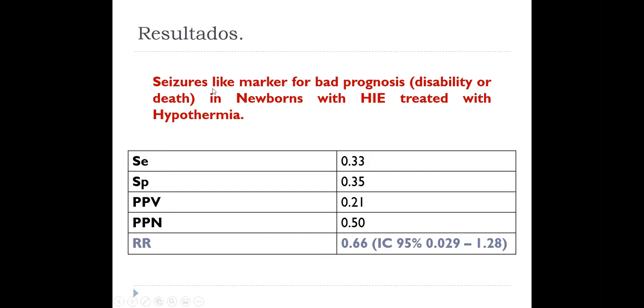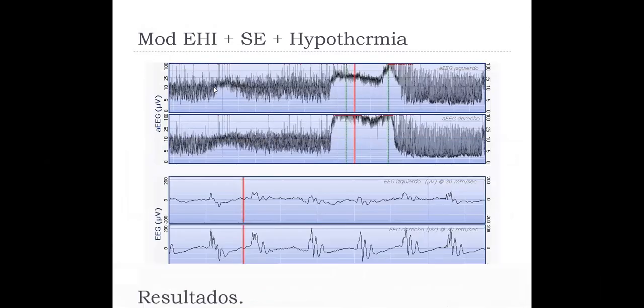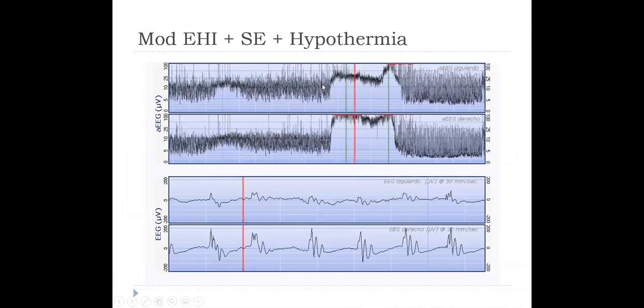That means that when you start hypothermia, and when you have seizures, and you continue the monitorization, you can modify the outcome of your treatment. When you see one electrical seizure, it doesn't matter, you need to treat. Please, always, when you see one electrical seizure without clinical manifestation, you need to treat every seizure.